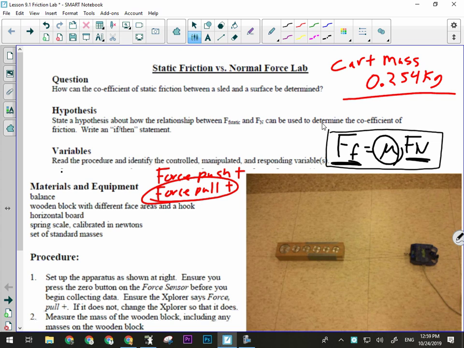So your first trial, empty sled. Second trial, you're going to put the first two masses onto the sled. The reason we put the first two on is because then we have fewer trials and it takes less time, but also because adding this dinky little mass here doesn't do anything. We don't get significantly different data. So we're going to add two masses.